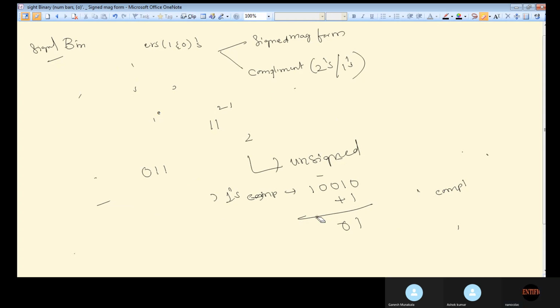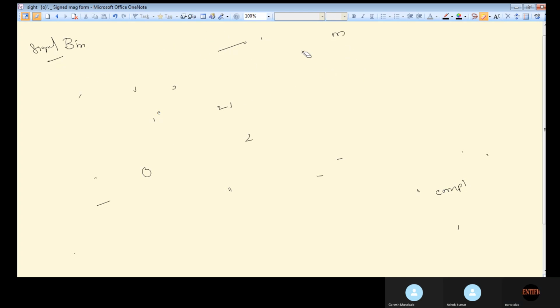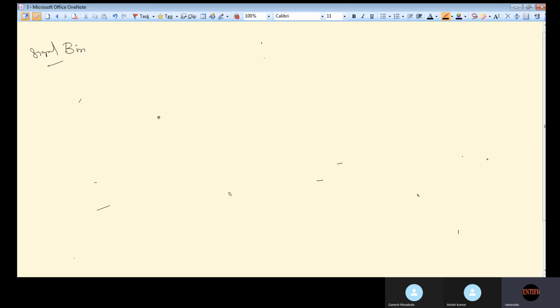Now, this is the ones complement or two's complement representation. Now, if you take the signed magnitude representation, I will give you one number, 0111. So this is nothing but 7.